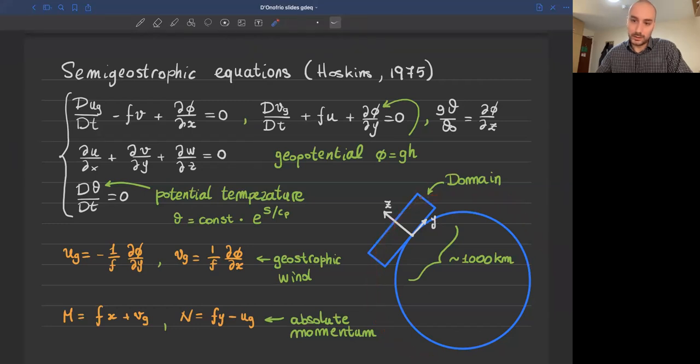But we just consider a piece which is 10 to the 3 kilometers long in the horizontal direction. And this allows us to approximate it as flat, okay? And we are going to consider this domain as embedded in R3 with coordinates x, y, and lowercase z.